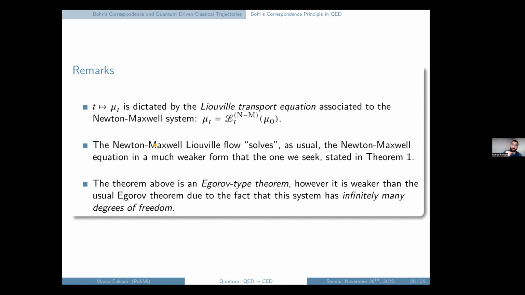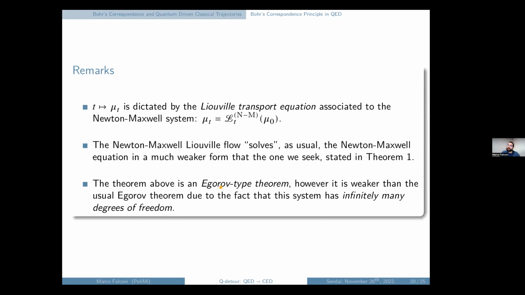Okay. So thanks to the correspondence principle, we have a notion of weak solution. Starting from a semi-classical Wigner measure, so a measure obtained from a quantum state, we can evolve it with this weak Liouville flow, dictated in some sense by the Newton-Maxwell equations, and obtain a solution at time t.